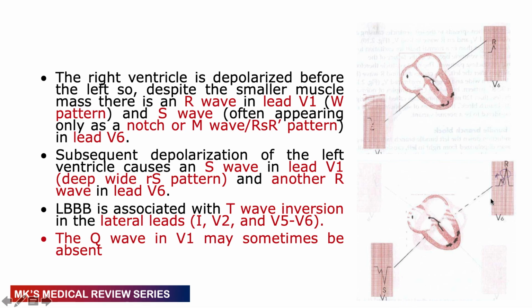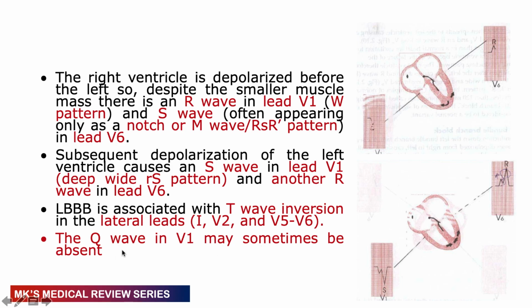This is what's known as an M pattern. Then you have the opposite, a W pattern that you see in V1, but this may sometimes not be there. Sometimes you may also see some T wave inversion in the lateral leads, so in lead 1, V5, V6, as well as V2.